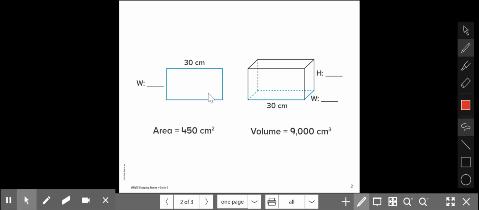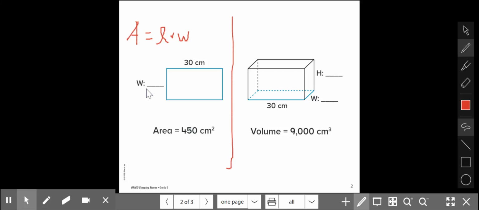Okay, I see what we're getting at here. On this page, we have two different parts to it. We'll look at the left side, and then we'll look at the right side. The left side says that we know that the length of something is 30 centimeters. We don't know the width. How would we determine the width if we know the area and we know this? So we know that area is equal to length times width.